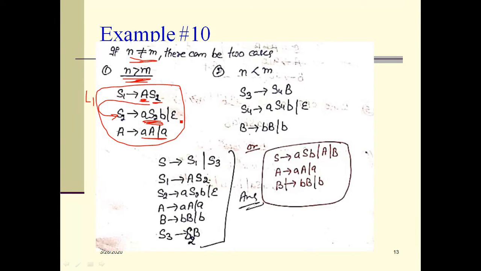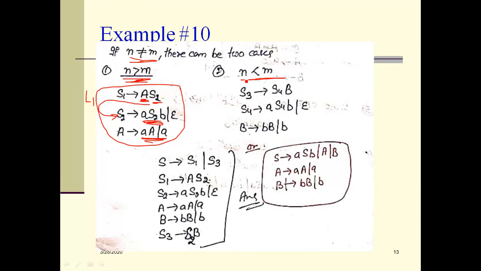In our case, L1 is where the number of a is greater than the number of b. So this a is generating only a's, at least one a is always there, or one or more a's from this, right? And S2 will generate an equal number of a and b. So obviously the number of a in any string generated by these grammar rules will be more, right?